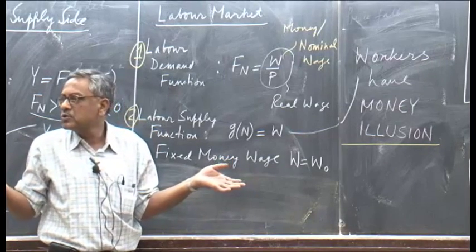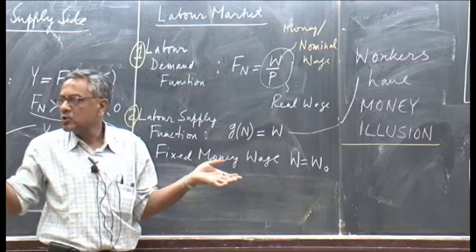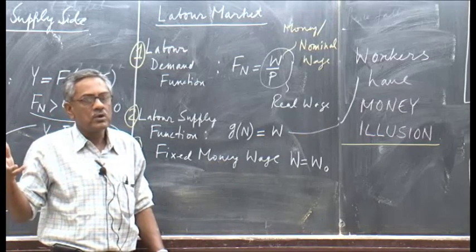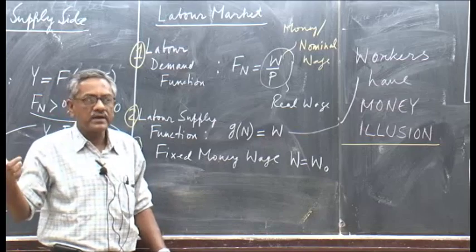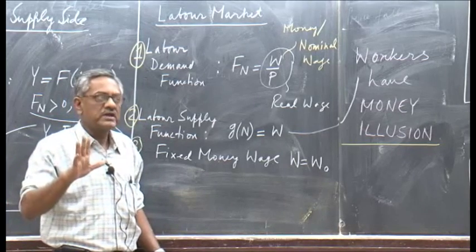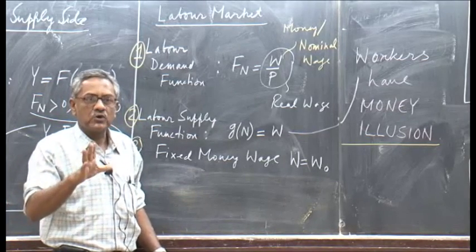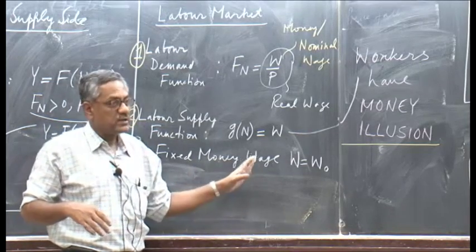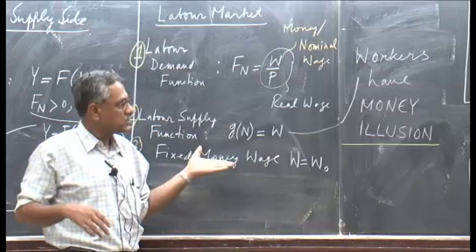I go to a company, I want to work. They say, okay, your qualification suits us, you can work here from tomorrow, but this is the wage. You cannot bargain. The bargaining has already taken place and is fixed for you. This is the fixed money wage, called rigid money wage.